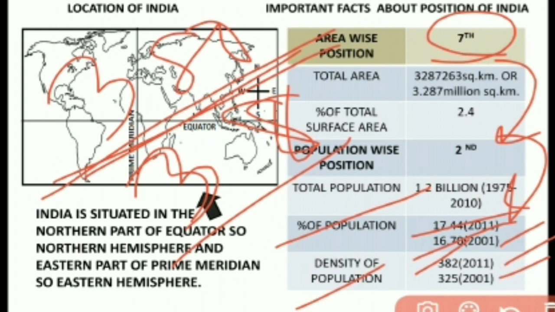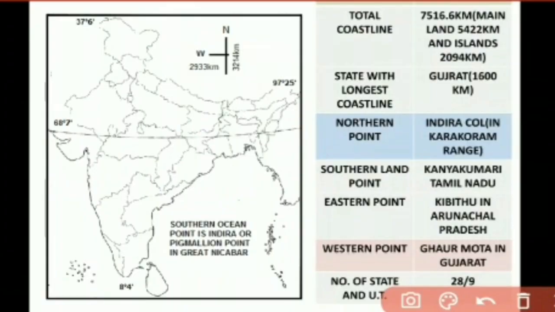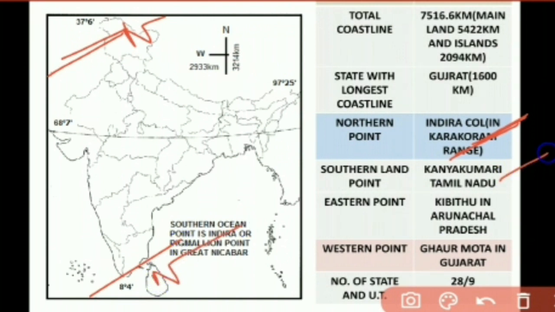In this map, we have 37 degree 6 minute north as a northern part, that is Indira Kol in Karakoram range. So the northernmost range of India is Karakoram range. In the south, we have 8 degree 4 minute north, so Kanyakumari, Tamil Nadu.